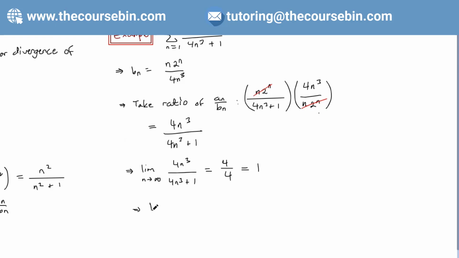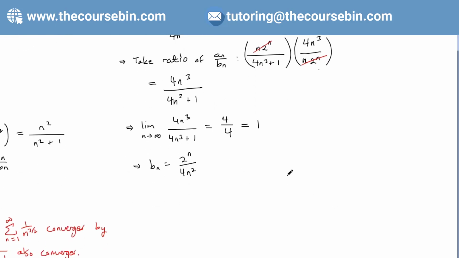So let's write this. b_n is equal to 2 to the power of n over 4n squared. What we can do is use the divergence test. So we'll say apply the divergence test.